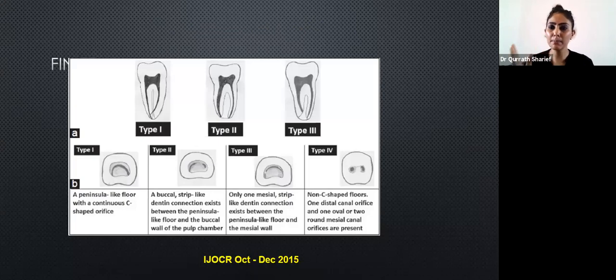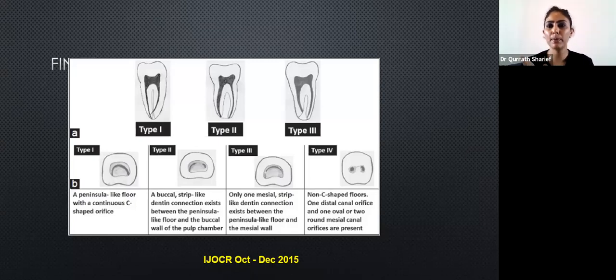And then in between the 2 files, you place the third file. If you're not able to see, have a proper access, then place it in between both the files, okay? And sometimes you feel that there is a huge distal canal, and the file easily goes. When you try to place the file in the mesiobuccal, you feel that the file is going towards the distal itself. Then you can think, yes, this could be a C-shaped canal.